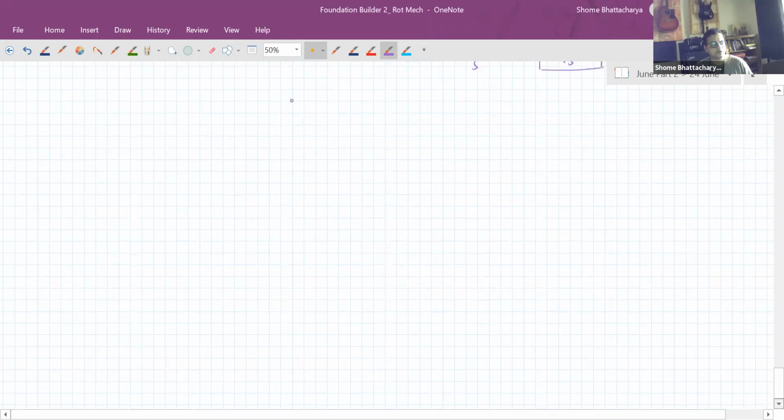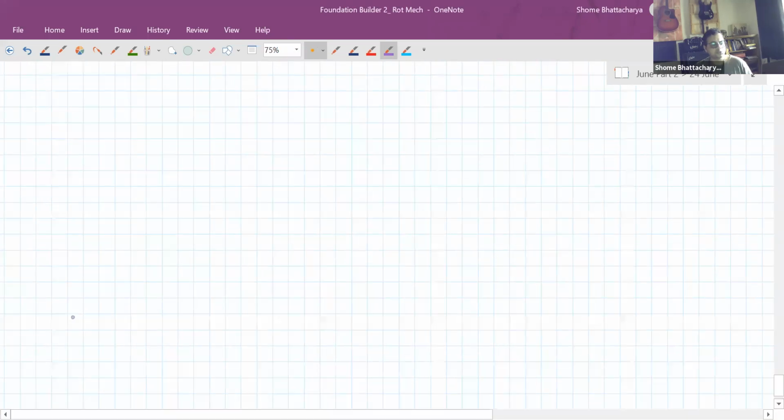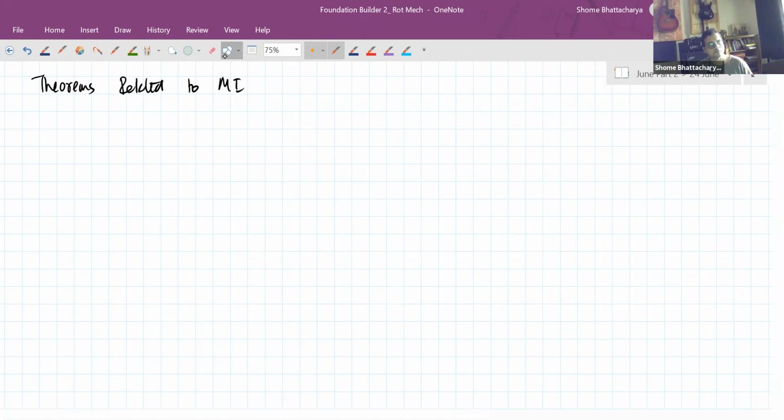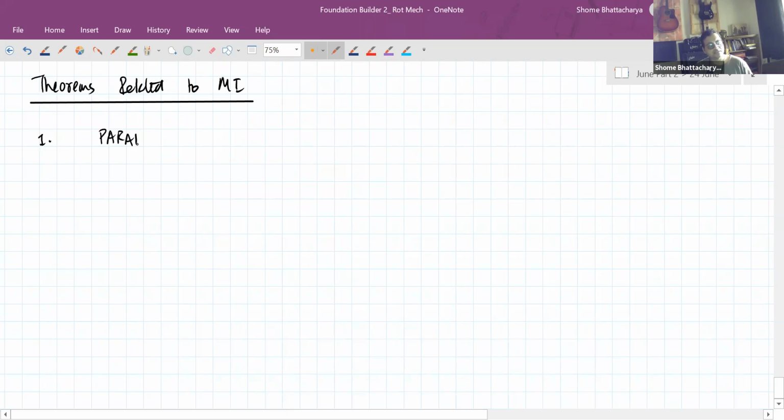So now next thing very important. There are a couple of important theorems related to moment of inertia. So the first one is called the parallel axis theorem.